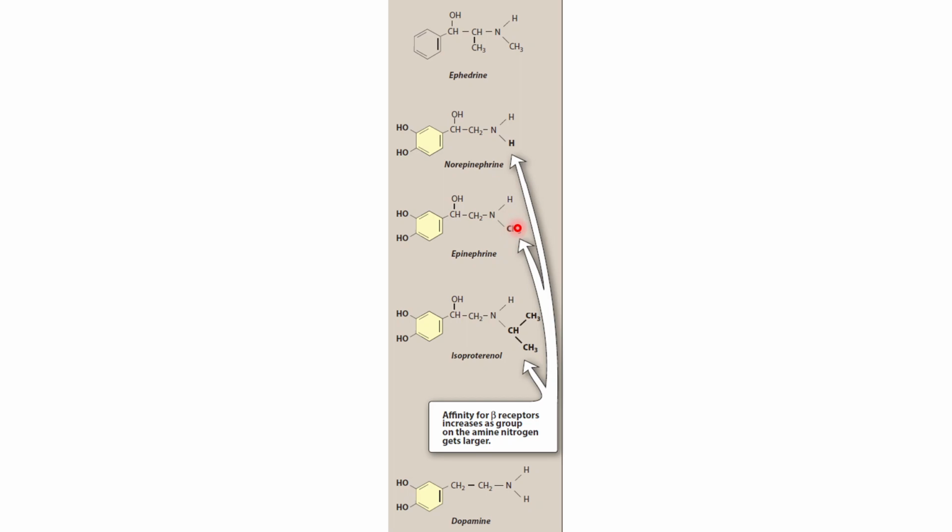Then the scientists compared this formula, and they thought, what happens if we further increase this residue? They tried to increase it, and then isoproterenol became even more selective for the beta adrenergic receptors.